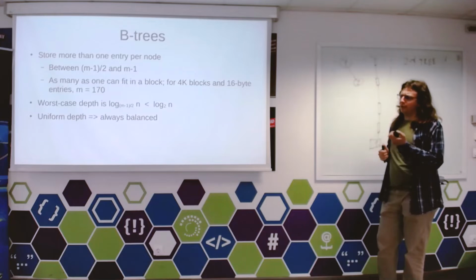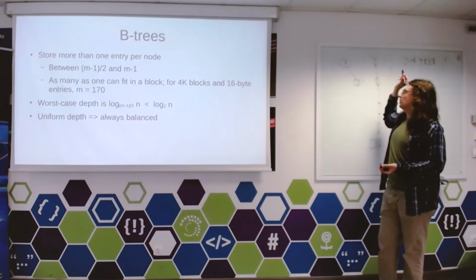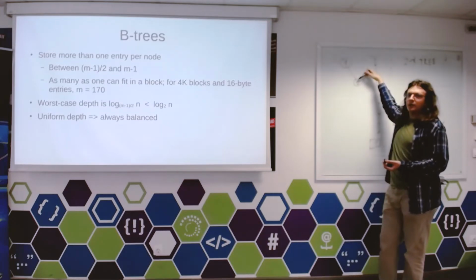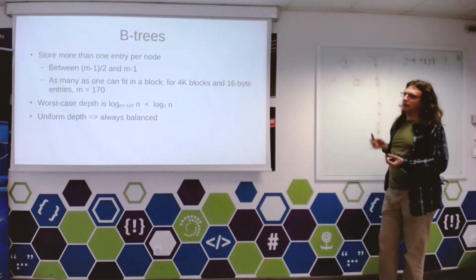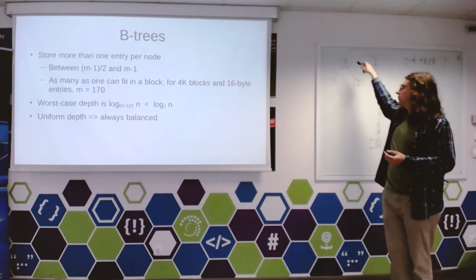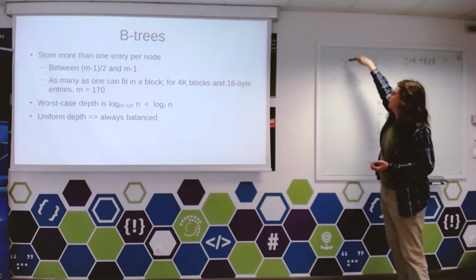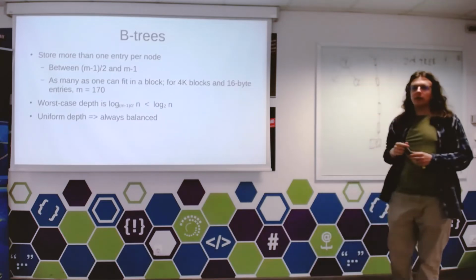Well, you could perform a useless rotation, but it's not a good idea. So you end up with a node that has 1 key and 1 child. So here you have an empty node, and B-trees don't let you do that. You don't have uniform depth because this path only has 1 node on it, whereas the other ones have 2 nodes.